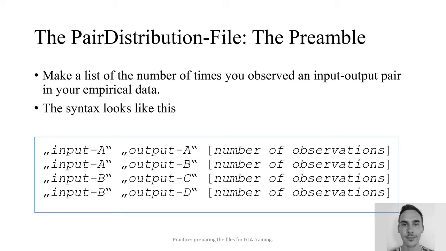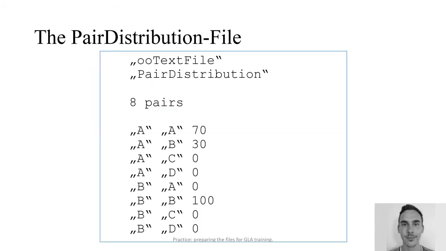An important thing to mention here is that the actual content of the representation in quotes is not important for the file to work properly, as long as you use those representations consistently. So if you're dealing with very complex representations, there's always the possibility of using a placeholder. But again, it is important that you be consistent with it. And this is already the pair distribution file.